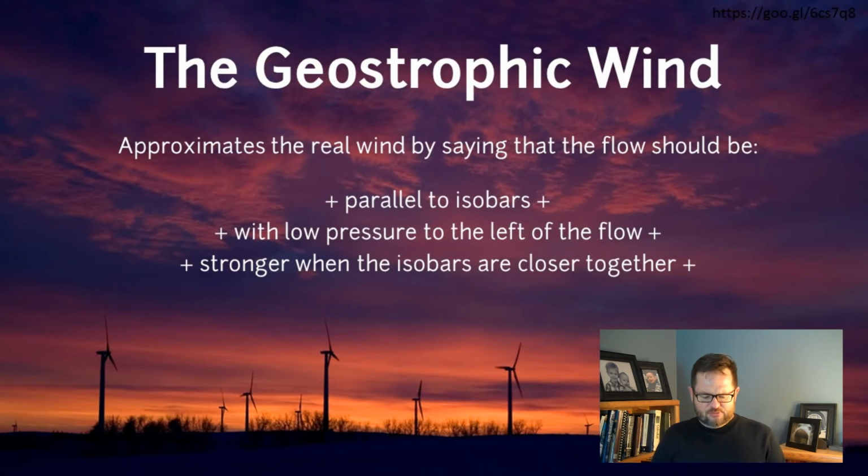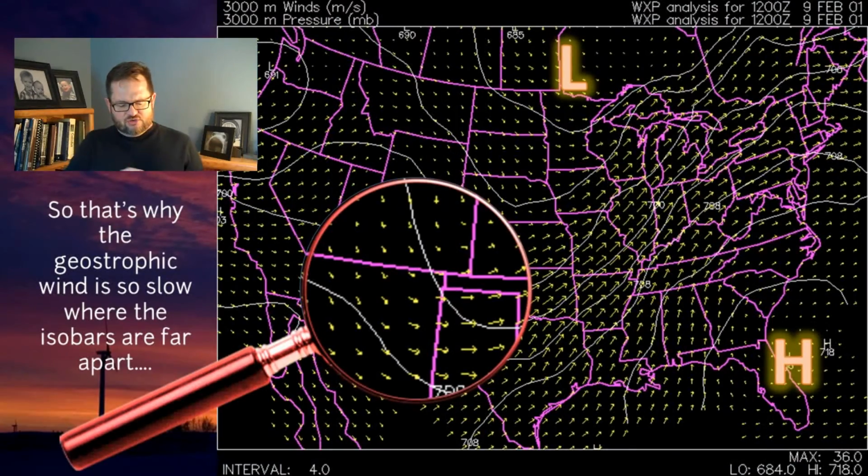Okay, let's see if that jibes with what I actually had on my map. So here's my map, and I've got some geostrophic wind vectors, as you recall, and some pressure contours on there, some isobars. If I use my little magnifying glass and zoom in on, I guess that's northeast New Mexico, I can see that in these places where the isobars are pretty far apart, my wind vectors are really short.